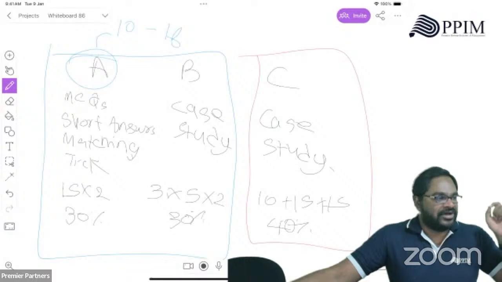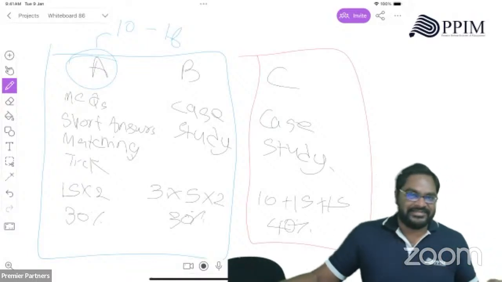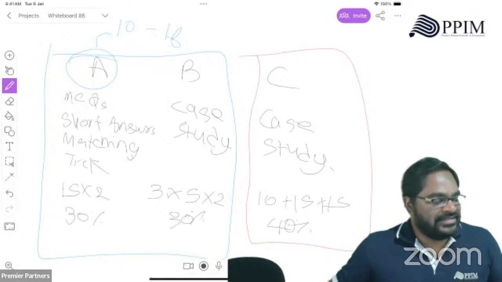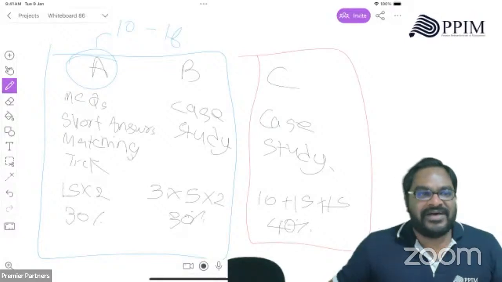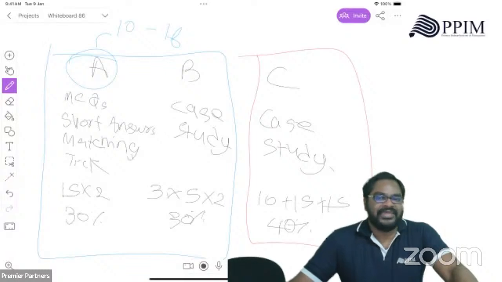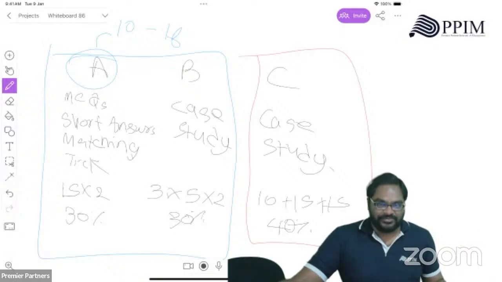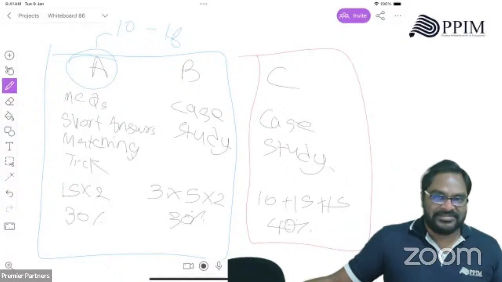I have seen lot of papers, lot of answers during my career. You don't follow the steps, your final answer is correct, but you are not getting a single mark, because marks are given for the steps. So make sure you follow a step-by-step structured approach so that we can score the full marks.